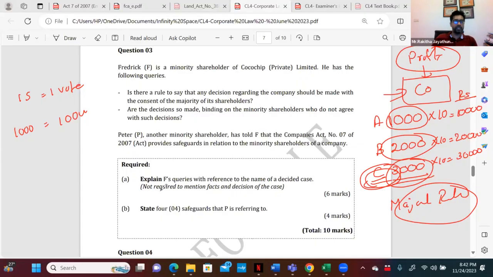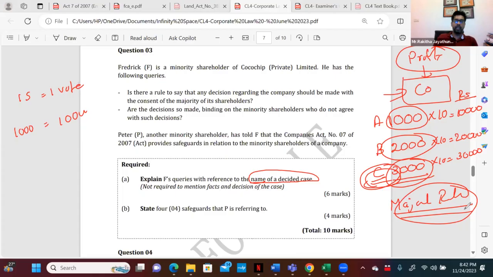This is a common question at the exam. You always get it, so make sure you go through it carefully. Question A, explain F's queries with reference to the name of a decided case. The moment you refer to the phrase majority rule, this particular case should come to your mind.